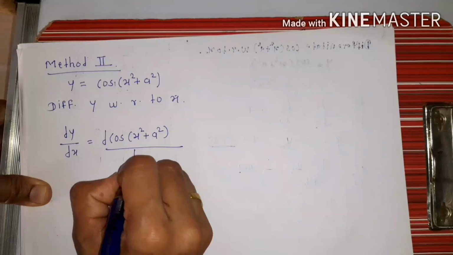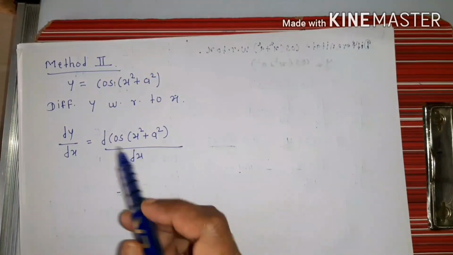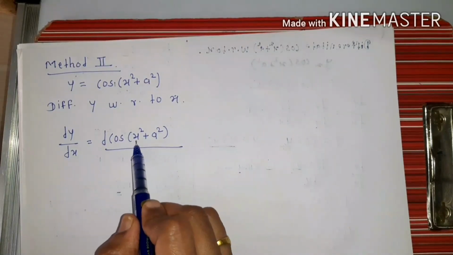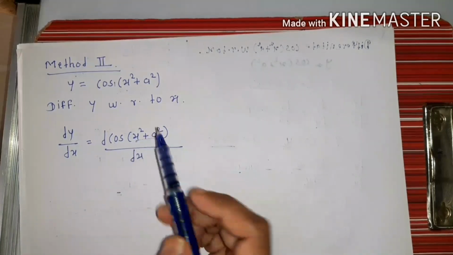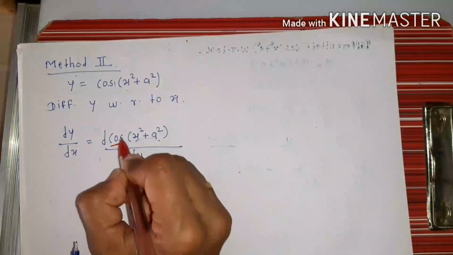Now see here, this is a function of function. Cos is the trigonometric function and cos is a function of x square plus a square, and therefore in the first step we differentiate first with respect to cos.